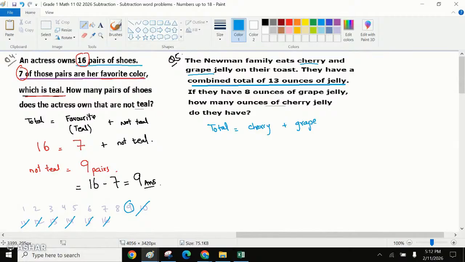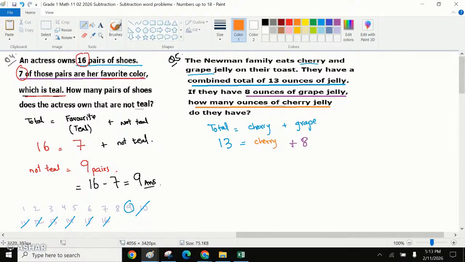Cherry plus grape jelly should equal total. And the total was given as 13, right? How many ounces of grape jelly do they have? They have 8 ounces of grape jelly. What do we need to find? We need to find how many ounces of cherry jelly they have.